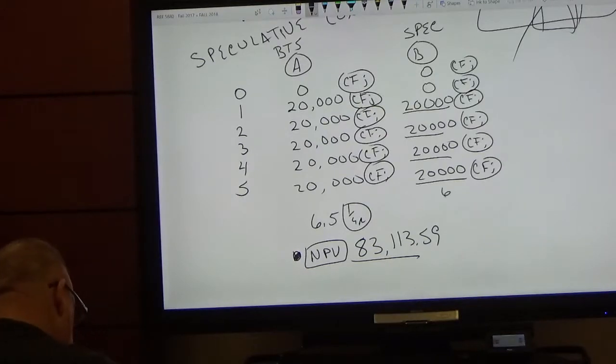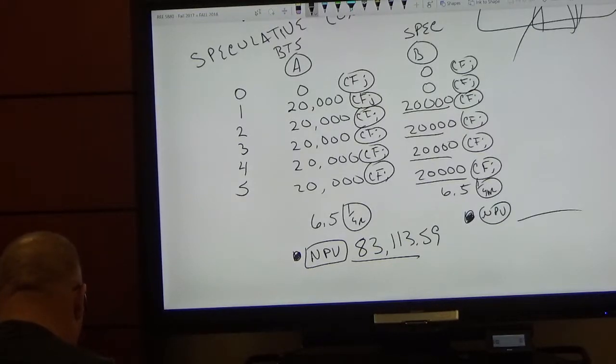Use the same discount rate, in this case 6.5%. Or we can make the argument we could use a different one, but at the moment we're going to assume the same. Solve for net present value.